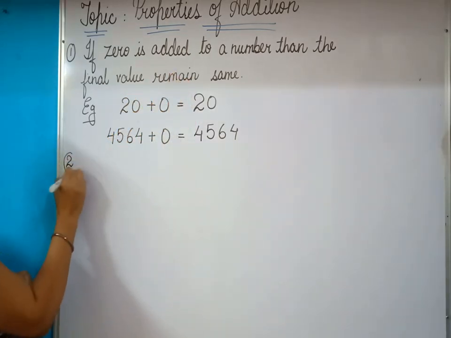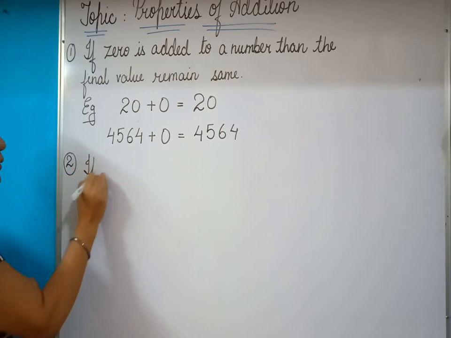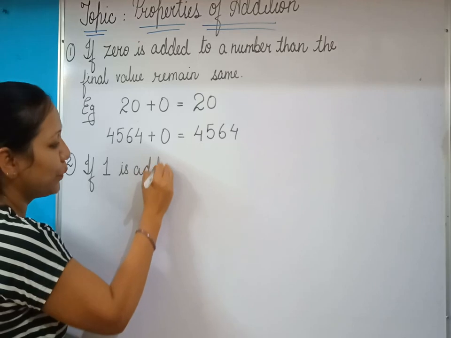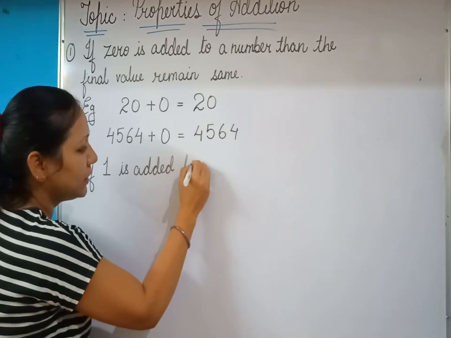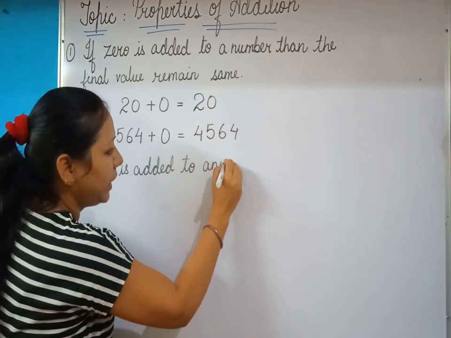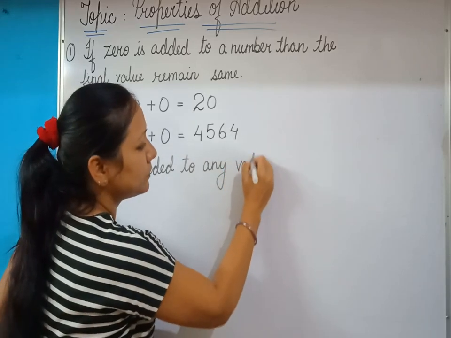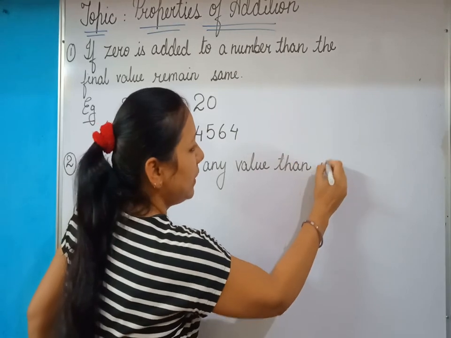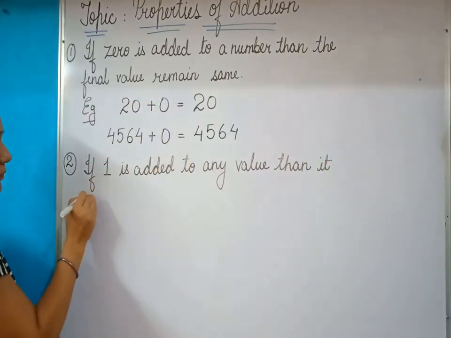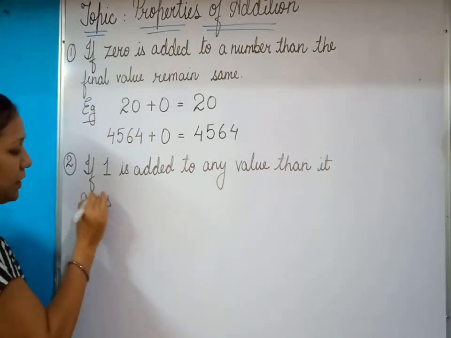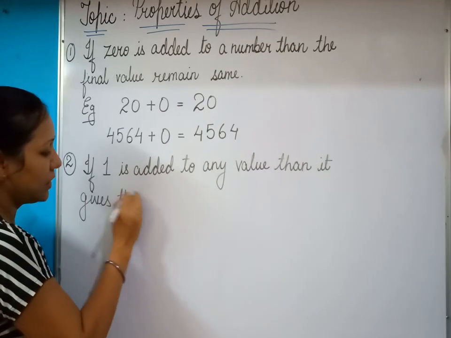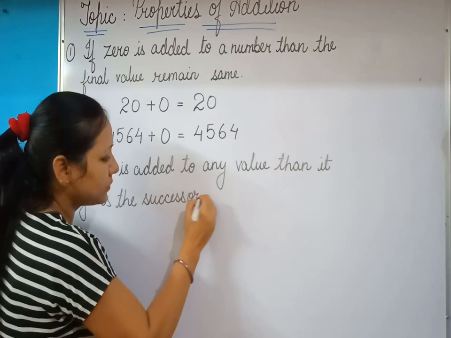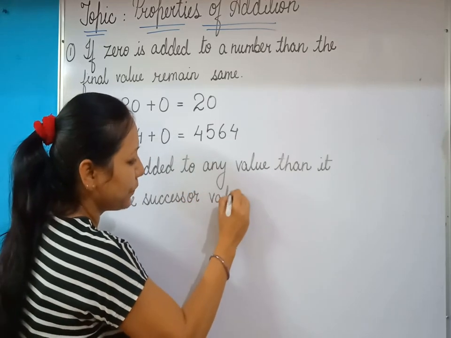Second property, if 1 is added to any value, then it gives the successor value.